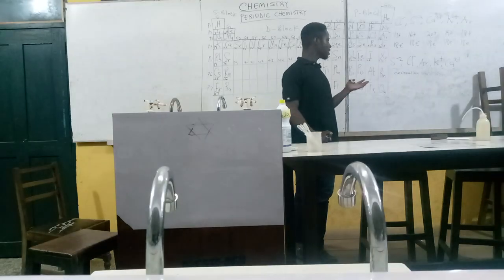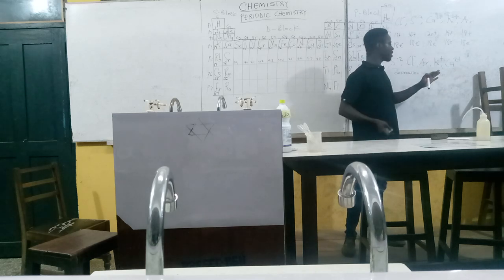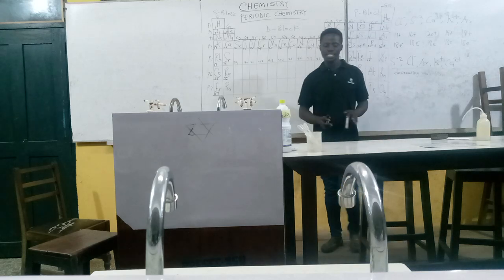This is decreasing ionic size. In this case, this is the biggest and this is the smallest in terms of size. Decreasing means from the highest to the smallest. So this S minus 2 is the biggest and this calcium 2 plus is the smallest.